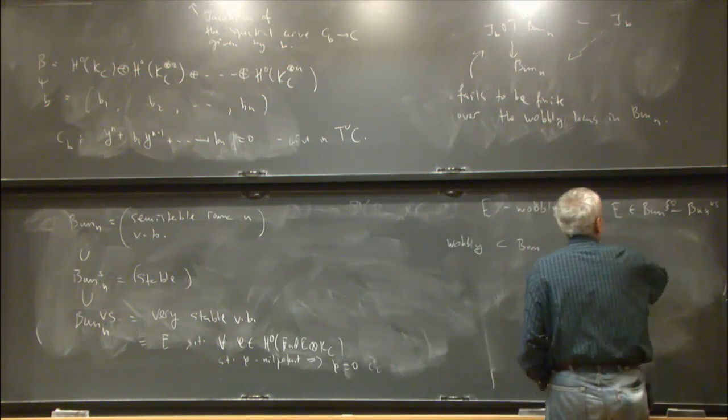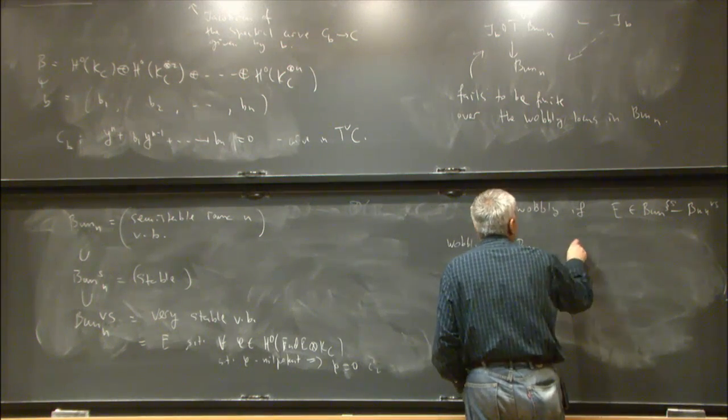Well, semi-stable but not stable. So the wobbly locus in Bun_N is a divisor.